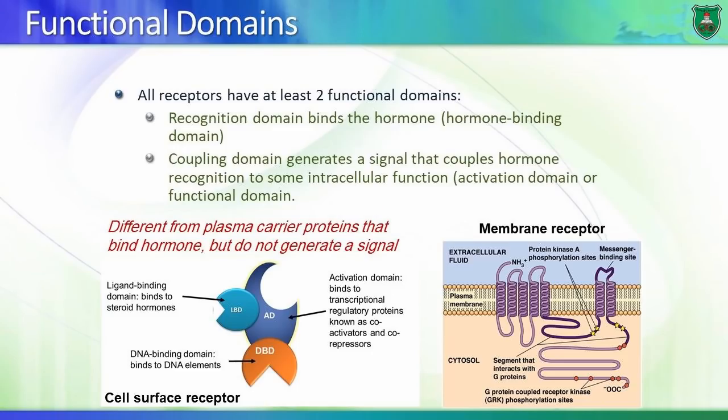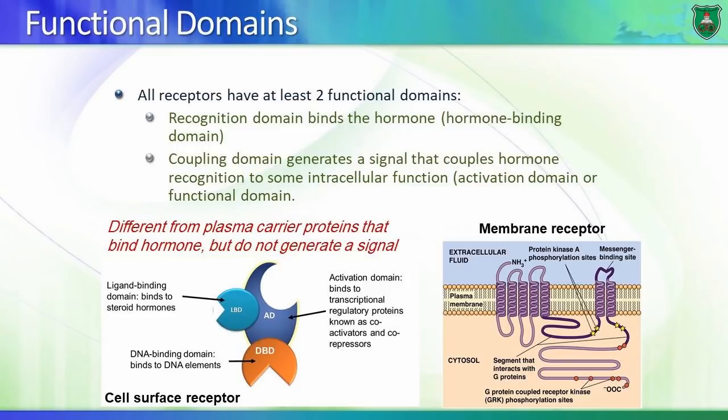Now, whether we're talking about cell surface hormone receptors or intracellular receptors, they have to have at least 2 functional domains. The first is the recognition domain, the ligand binding domain. This is where the hormone binds.